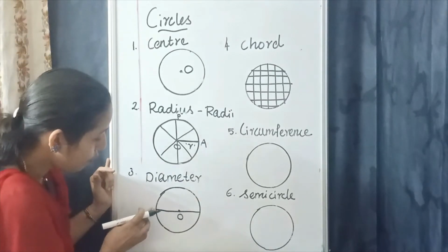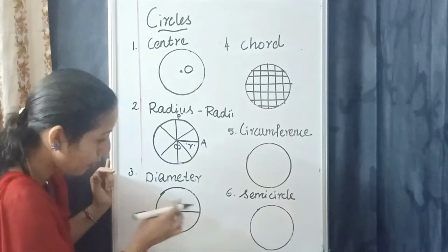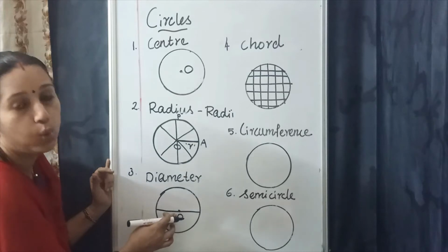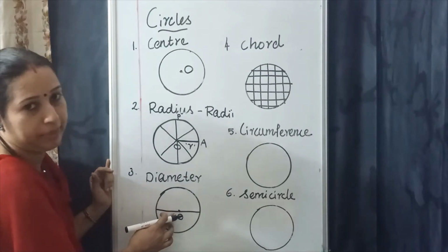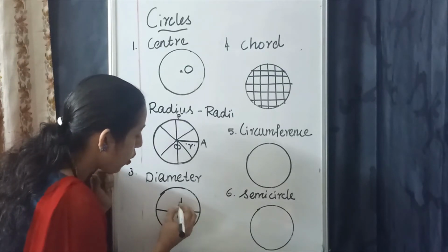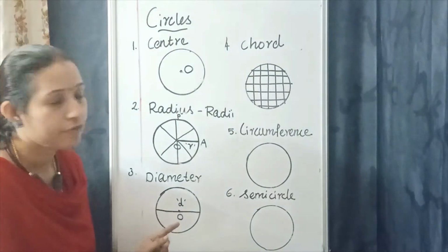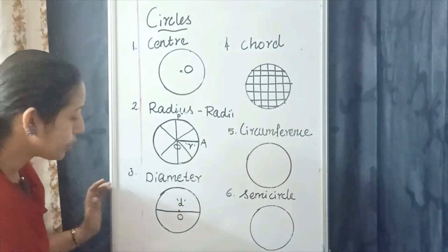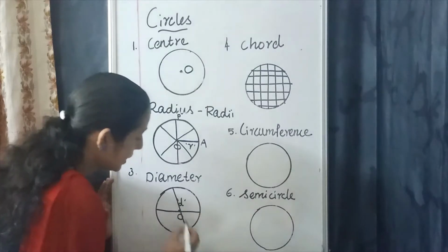The line we draw from one point to another point passing through the center is called the diameter. To represent diameter we use small letter d. In a circle we can also draw an infinite number of diameters.